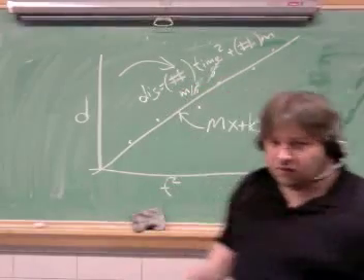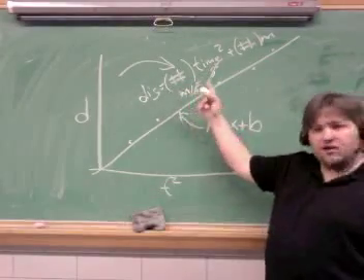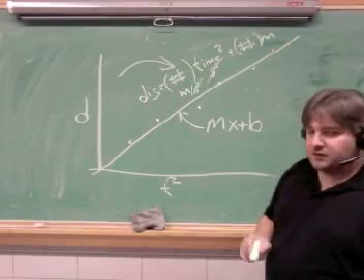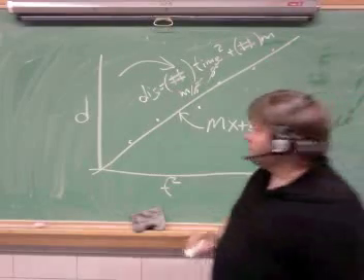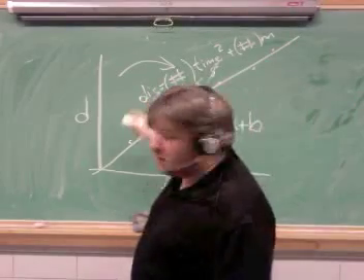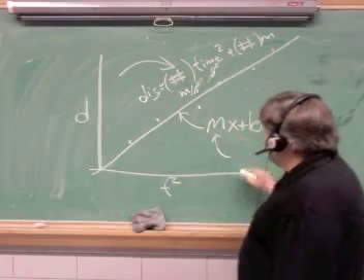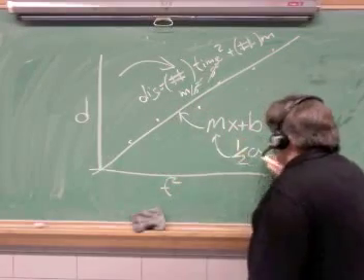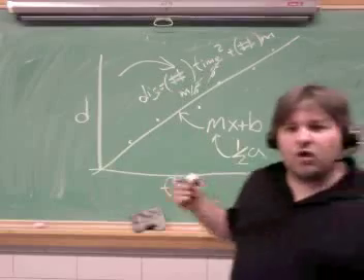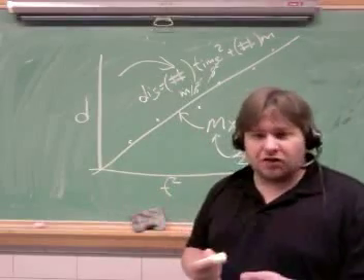Okay? Cool? So you have your slope, and it seems to be acceleration. Okay? But it's not. It turns out that your slope here, your m, is going to be 1/2 your acceleration. Now, where that comes from, look at kinematics in one dimension.